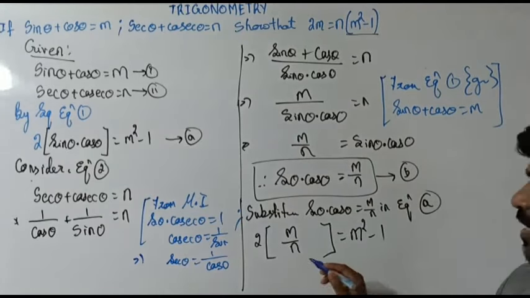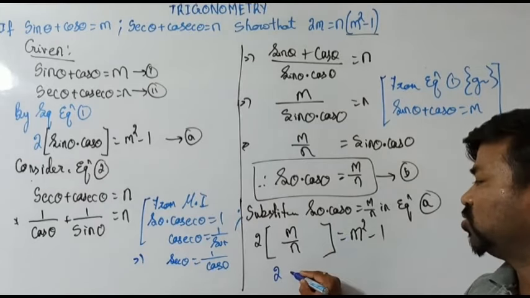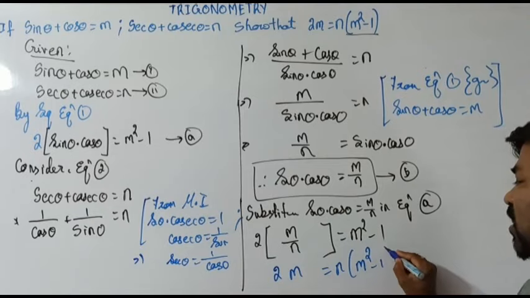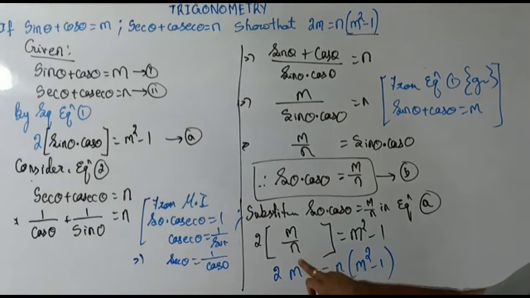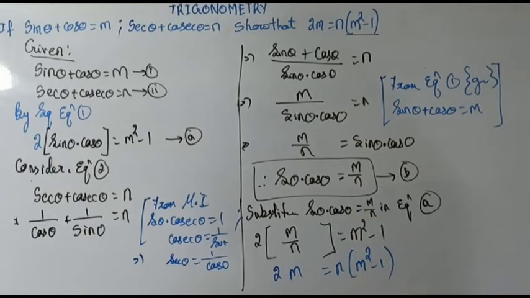Now, shall I send the denominator to the other side, which becomes 2m into n into m square minus 1? The denominator n, I have transferred to the other side. It becomes n into m square minus 1.